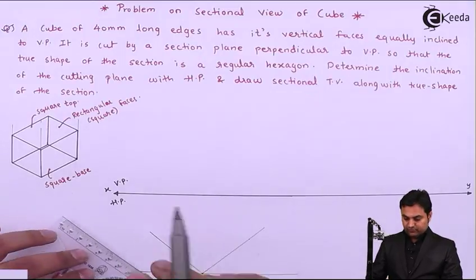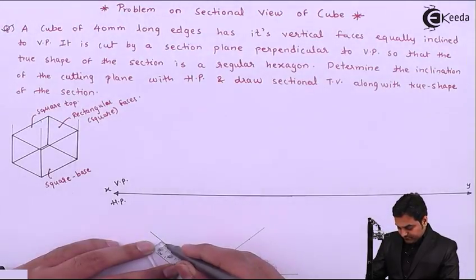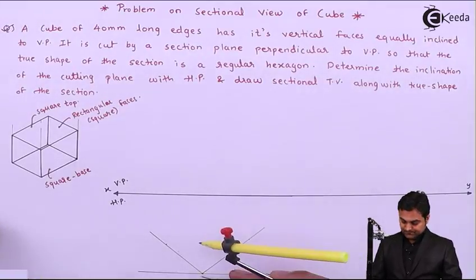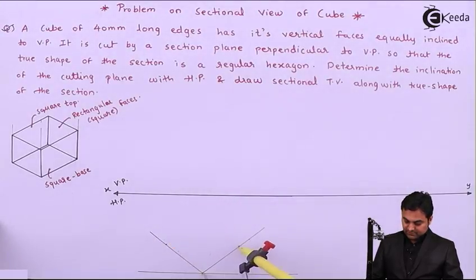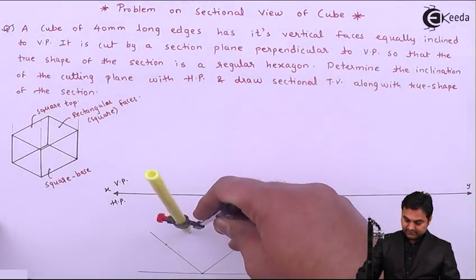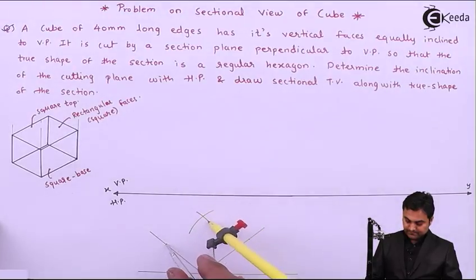Then the edges are of 40 mm, so marking 40 mm on one side, measuring the distance and taking it onto the other side. Similarly drawing an arc here, cutting it from the other side.